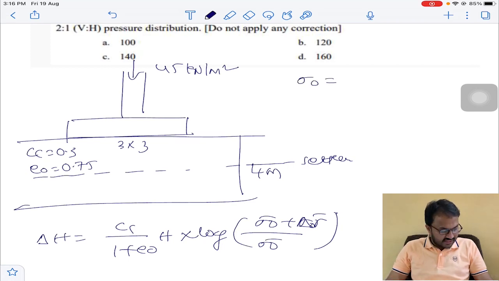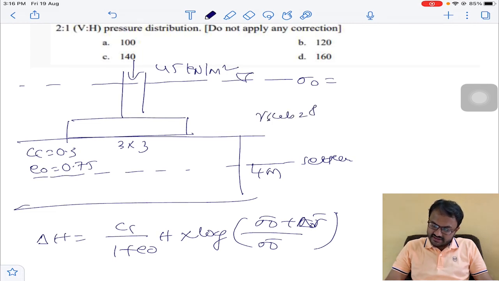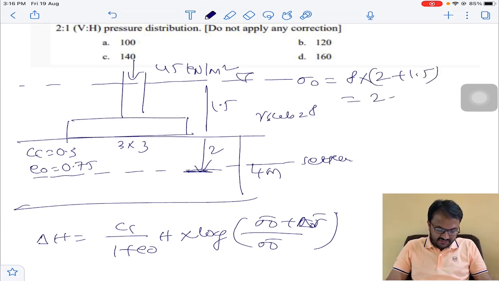So sigma naught is equal to, the groundwater is somewhere here at the ground, that is gamma submerged he has given, it is 8, and this depth is 1.5. So at this point we need to calculate, so 8 into 2 plus 1.5. So we get 28, and delta sigma is equal to 45 into 3 into 3.